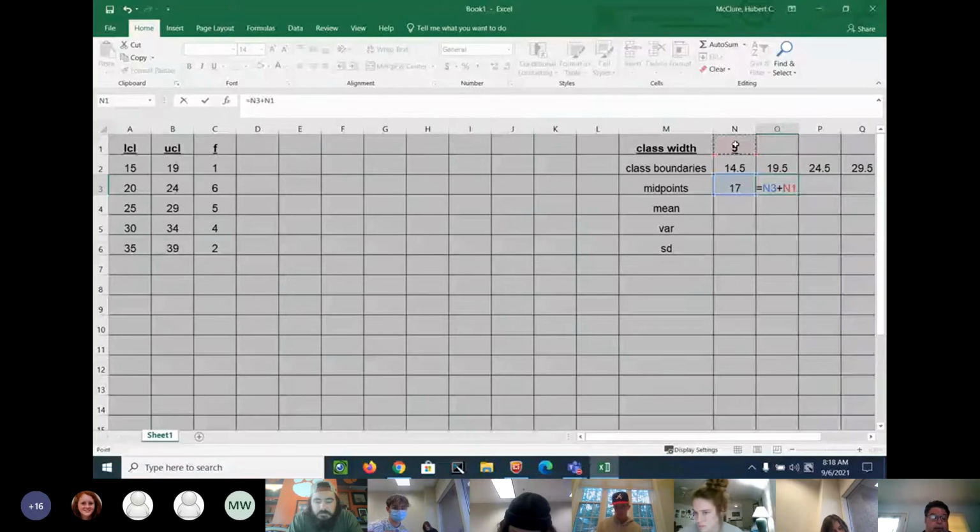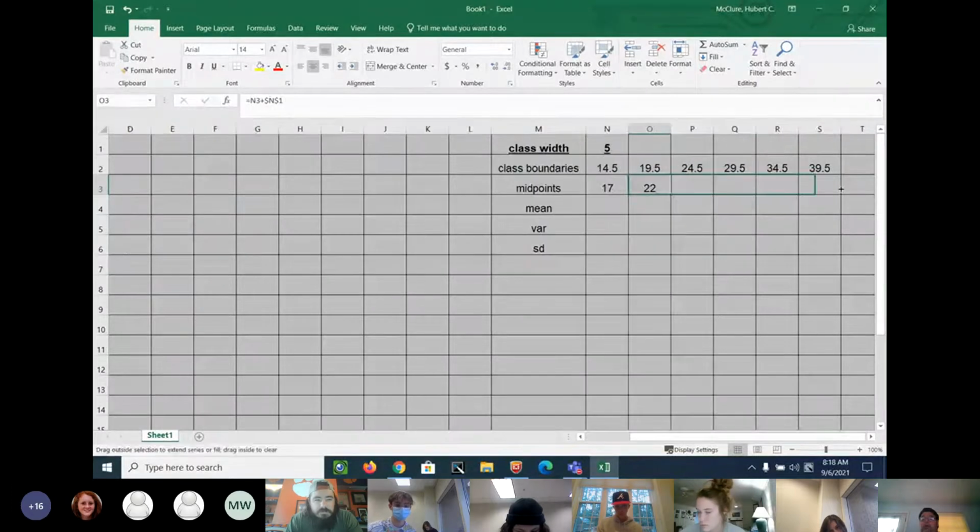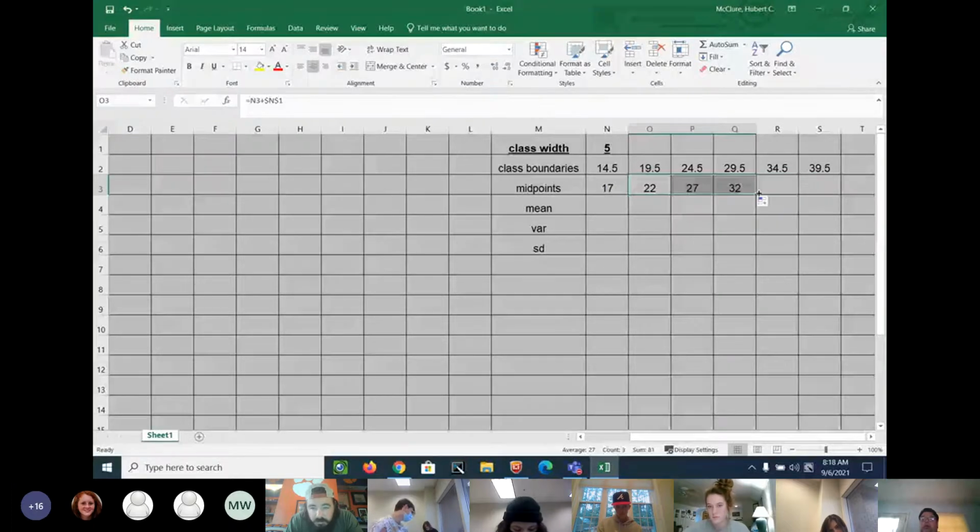Function F4, and that should carry over. I need to go to 35, and one more. There's the midpoints. Now those midpoints, you're going to use those.